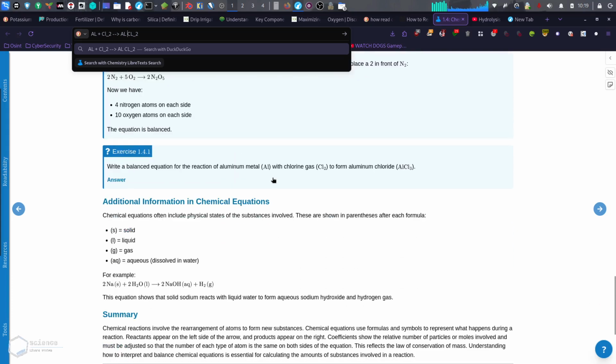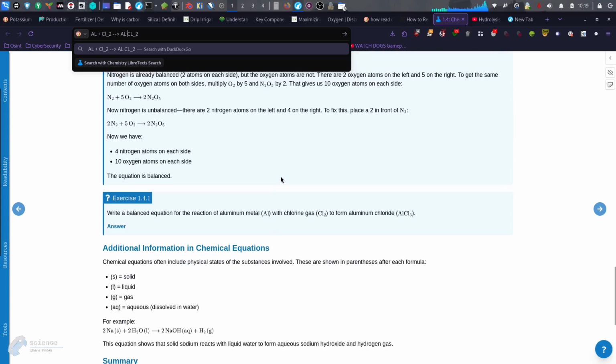Aluminium plus chlorine: 1 atom of aluminium metal plus 2 chlorine gas atoms, producing aluminium chloride.